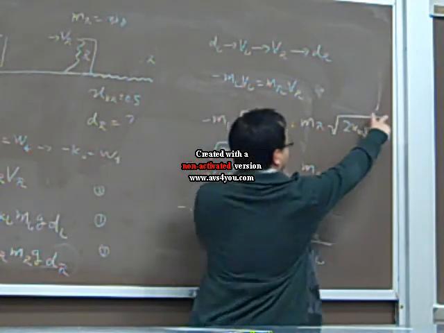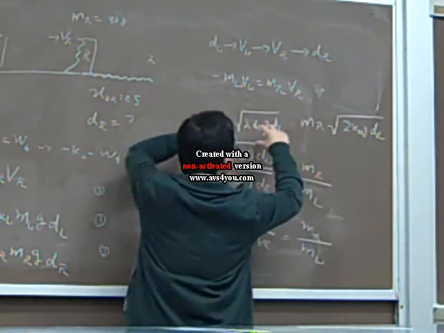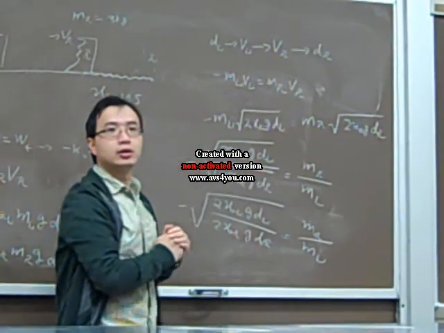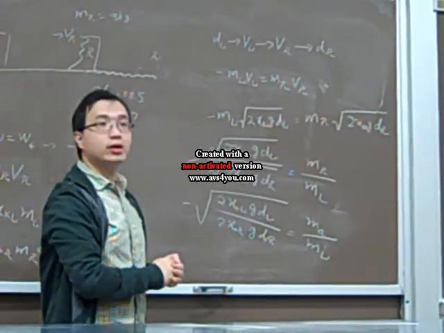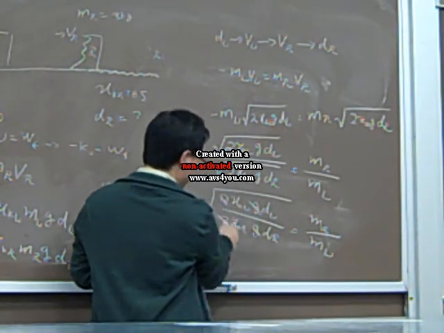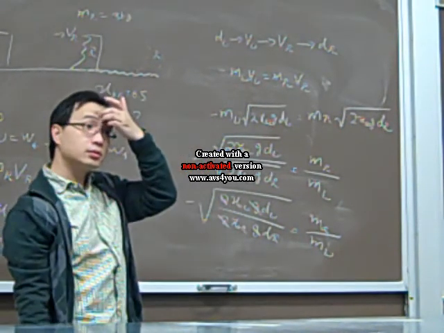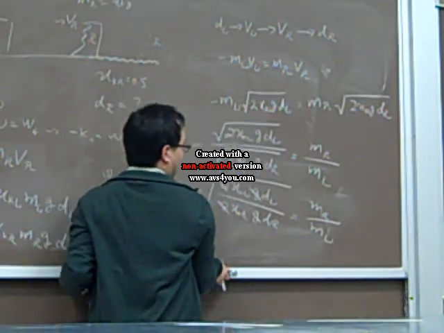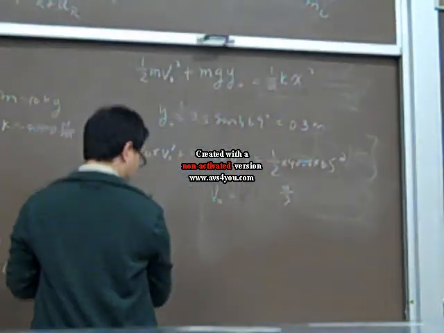And then when I divide both sides by this, I get this here. The reason is I want to cancel many of the quantities, so the final calculation is very simple. So you get an equation like this.